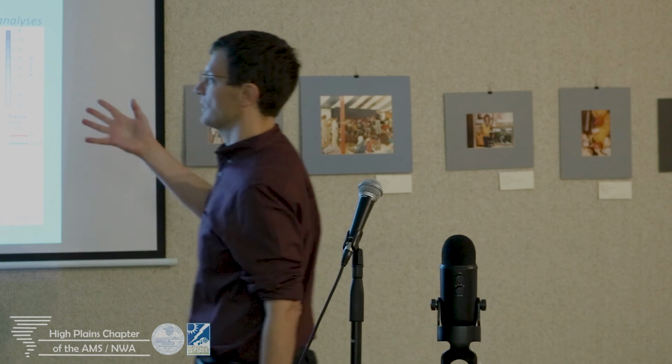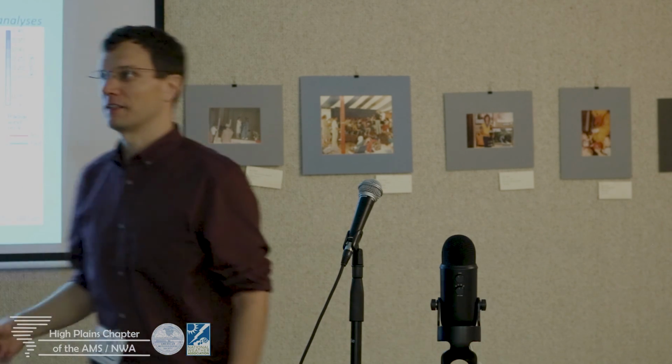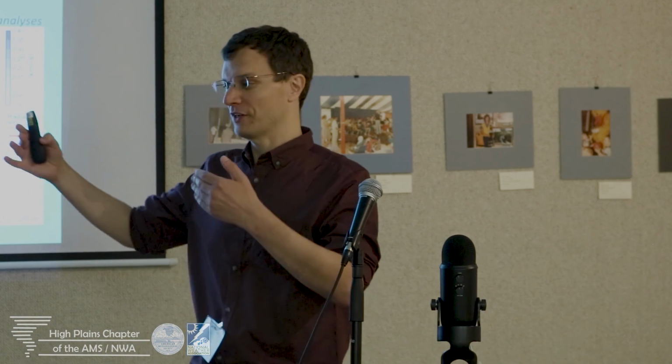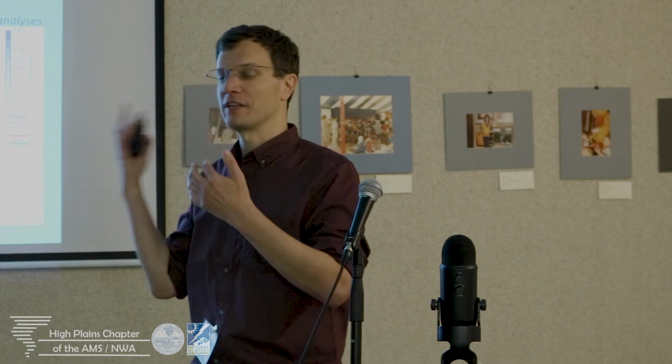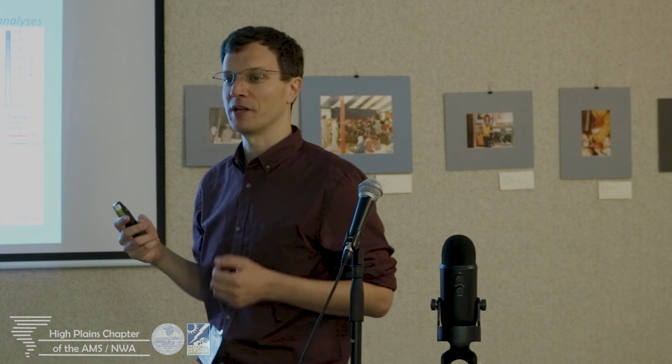Right. What sort of stinks is the resolution of these analyses: anything that's here or below, which would be tornado or tornado-cyclone scales, we don't really resolve very well. Both because the radars are 10 or 15 kilometers away at a lot of points, but also because you need to do smoothing in order to make the dual-Doppler analysis.